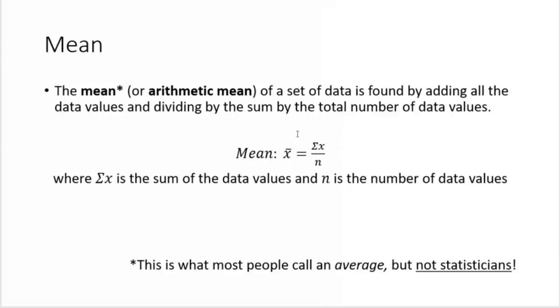When you look at this formula, the symbol for the mean is X bar, and I know that seems a little bit too obvious, but that really is what we call it. X bar is the sum of all of the X values divided by the number of values. In other words, you add up all of the X's and then divide by how many numbers you added up. So that's X bar equals sigma X divided by N.